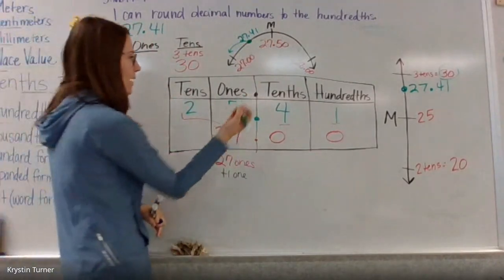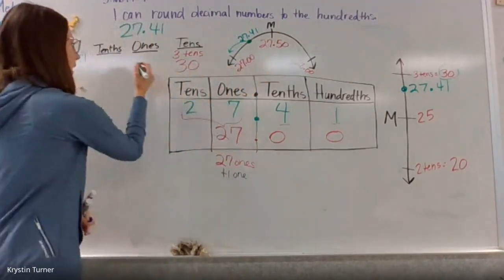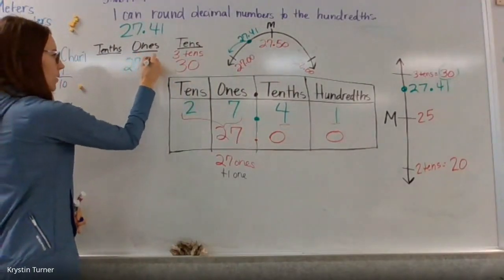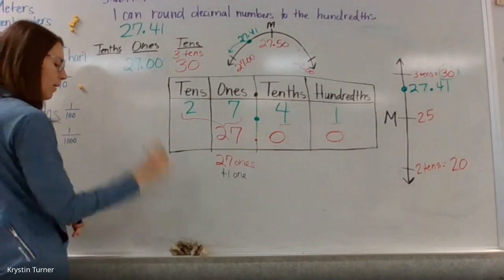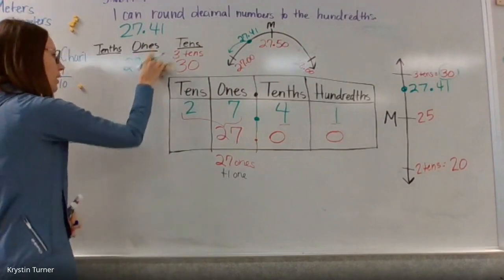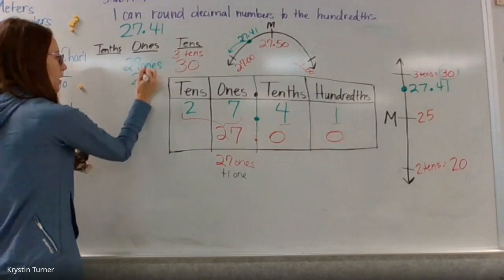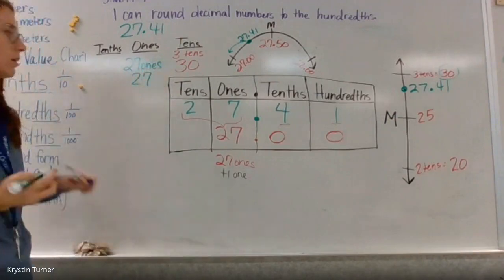When I write my answer, I'm not going to write 27.00 because I'm just thinking about the ones. I have 27 ones, which is the number 27.